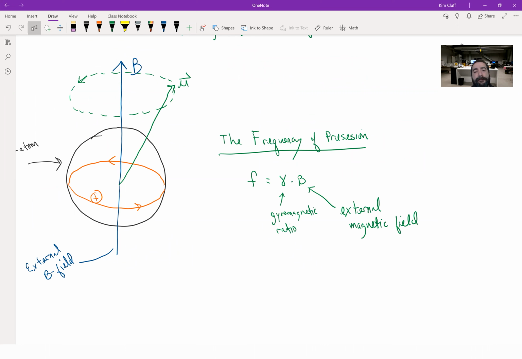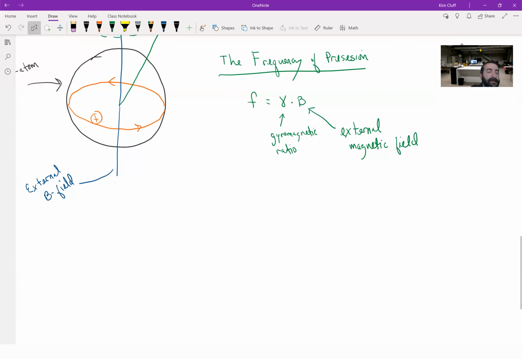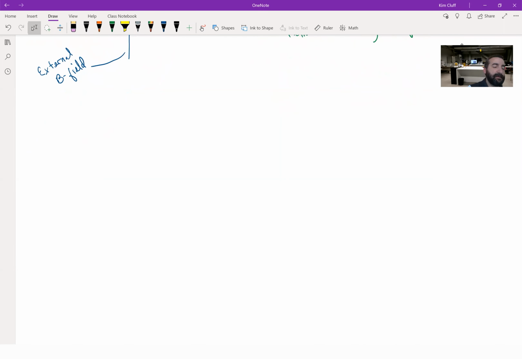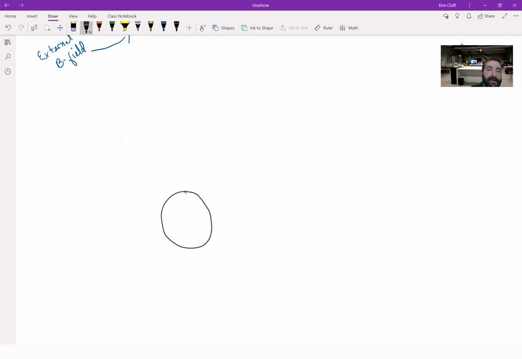Okay. And as it turns out, let me draw again down here a hydrogen atom again, okay? And again, this hydrogen atom is spinning, has a charge, spinning in a closed loop, therefore producing a magnetic moment in the presence of an external B field.